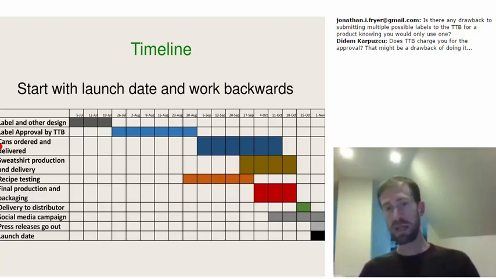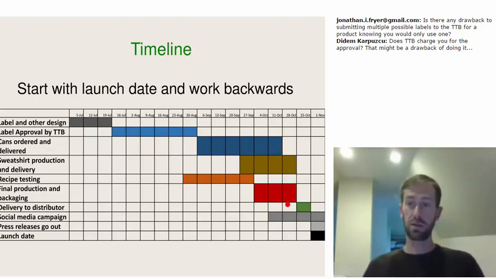If you're adding different spices or different things like that to a cider or to a spiced beer, perhaps, you really need to set that Gantt chart very long term ahead of time and make sure that you're giving yourself adequate amounts of time for each of these various different steps to run their course in order to make sure that your product is going to be completed, ready to be sold at the distributor, and finally ready to launch on your November 1st launch date.